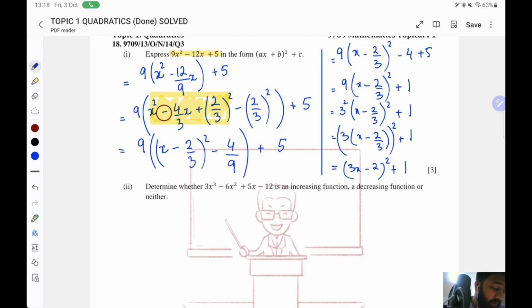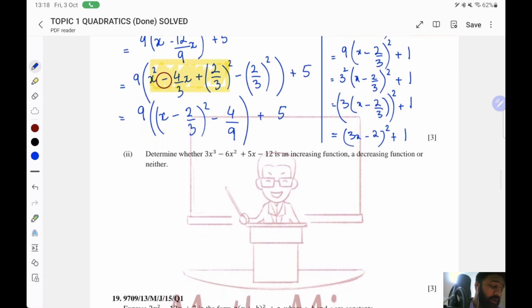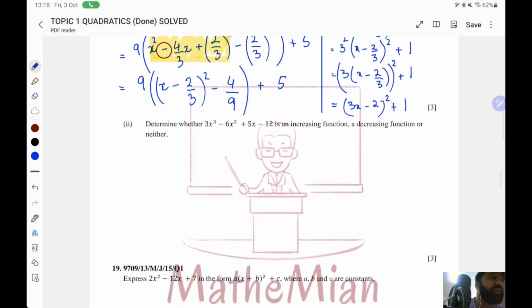In the next part, you need to determine whether it is an increasing function or a decreasing function or neither. To find out whether it's increasing or decreasing, we first need to find its derivative.